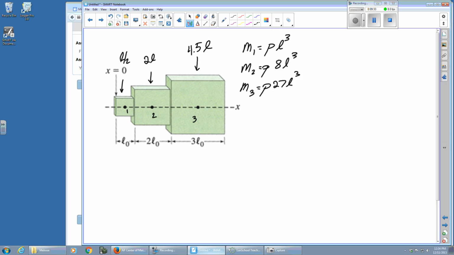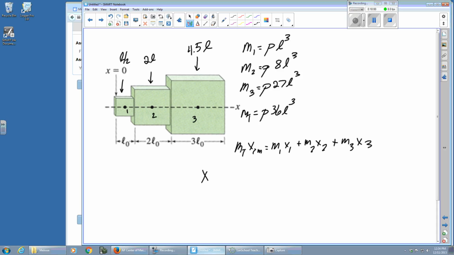So my total mass here will be rho times 36 L cubed. So I'm doing mass total XCM equals mass 1 X1 plus mass 2 X2 plus mass 3 X3.